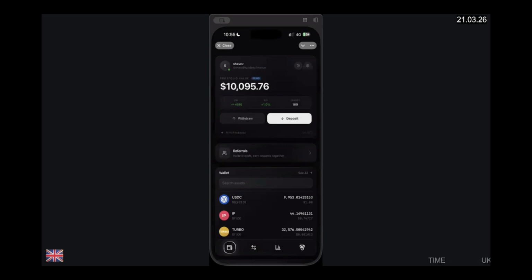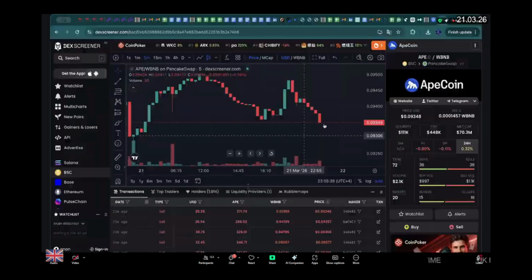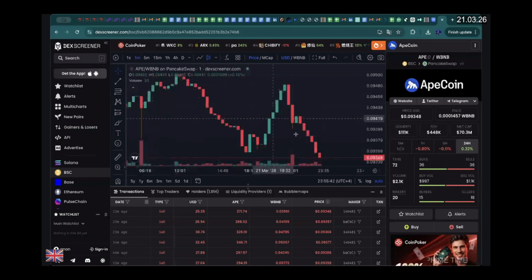So this is how you can smartly trade, simultaneously looking at DEX Screener or any other tool where you see it is going down. If we look at 1 minute candles, entering here and making a profit on the short position would have given us a little more edge.